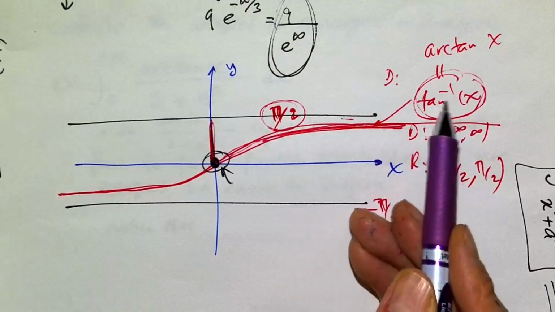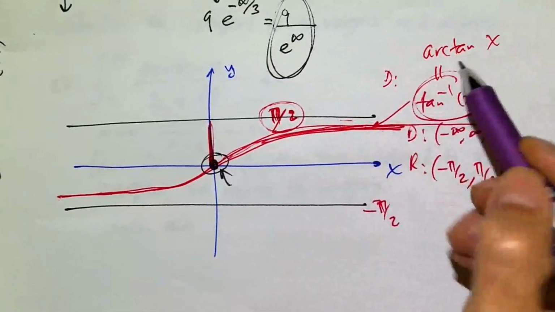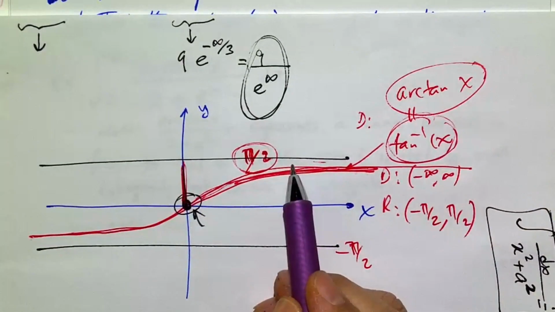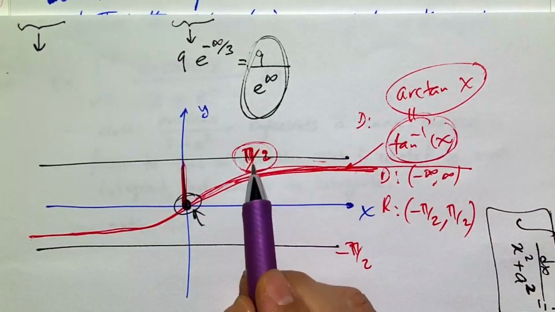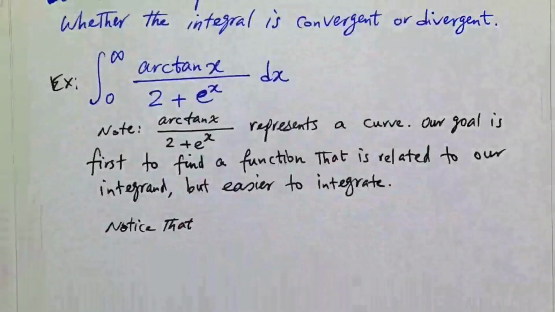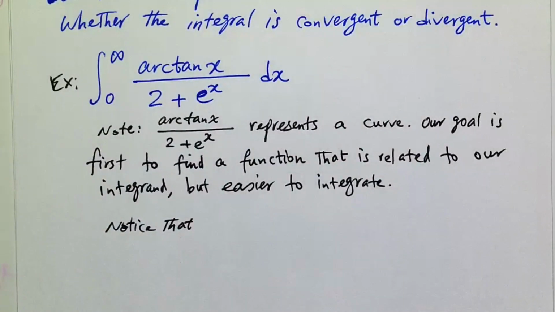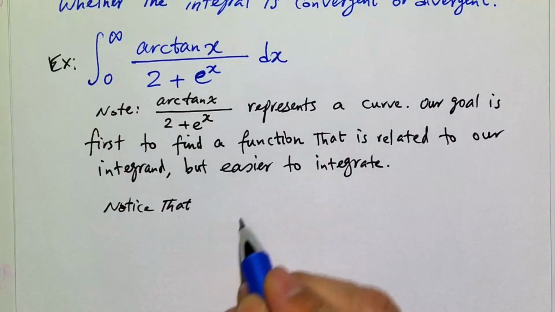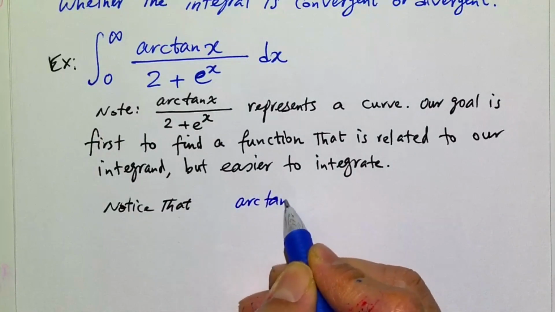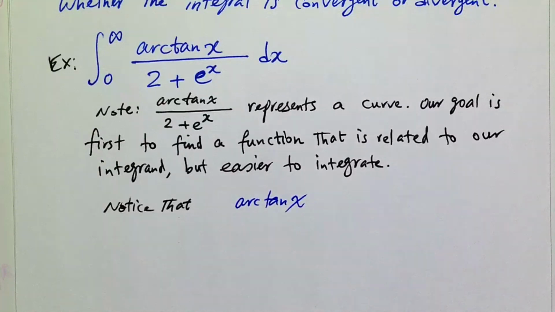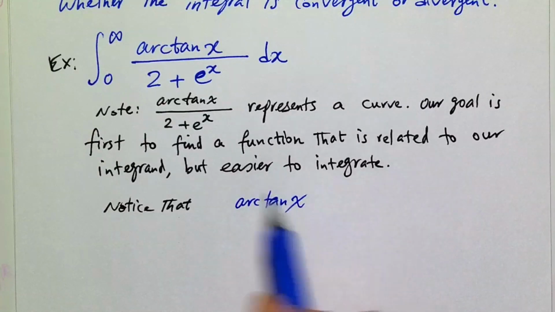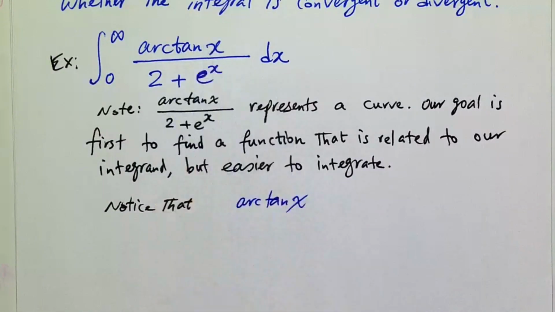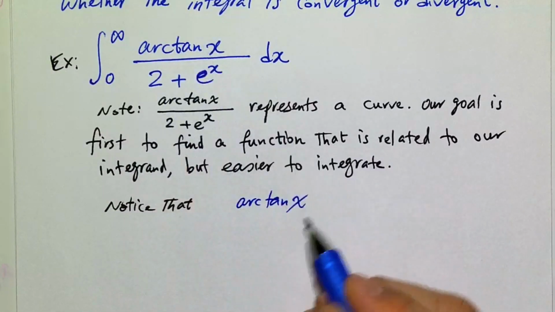So arctangent x can never be equal to or larger than pi over 2, right? So therefore, we can make that statement mathematically and say that arctangent x, I'm using arctangent x because that's what your book used here. They didn't use inverse tangent, so I'm using the same notation.